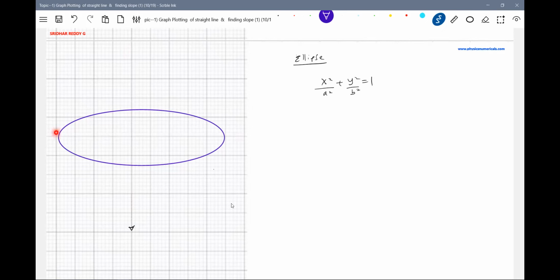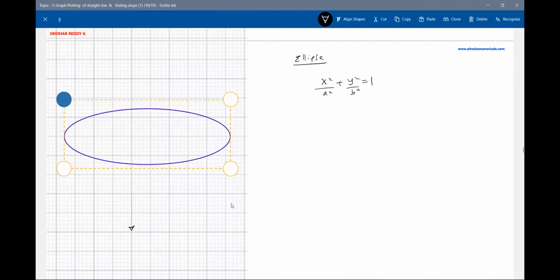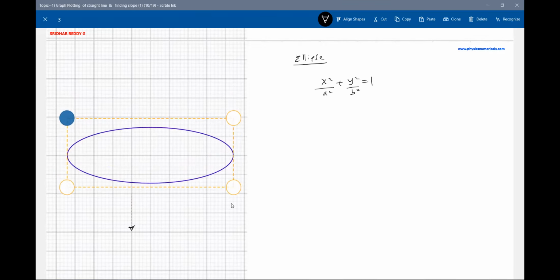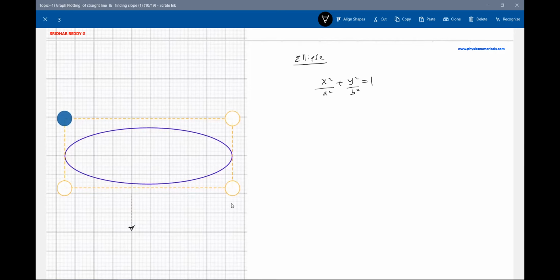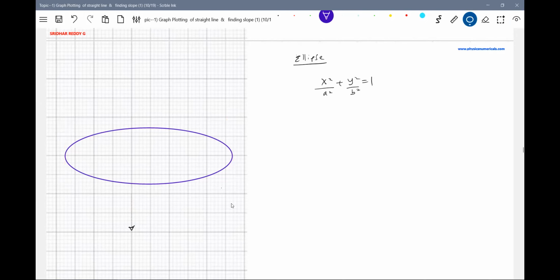I'll bring the axis now. Not exactly the midpoint. 1, 2, 3, 4. 1, 2, 3, 4, 5. Yes, you can see clearly, no?